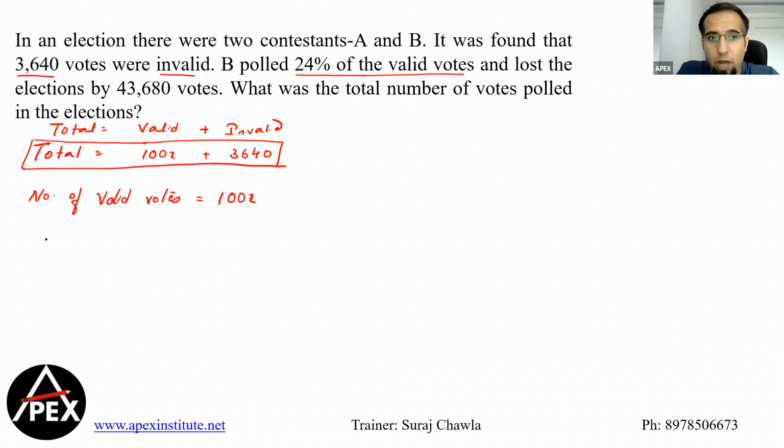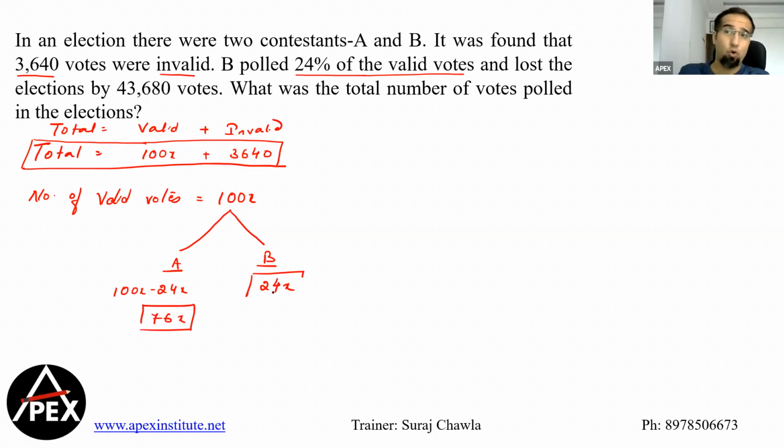Therefore, if this is 100x and these votes are going to only two people, A and B, can I say B got 24x? That means A would have got the remaining votes. So the number of votes by A would have been 100x minus 24x. That's going to be how much, guys? 76x. Clear?